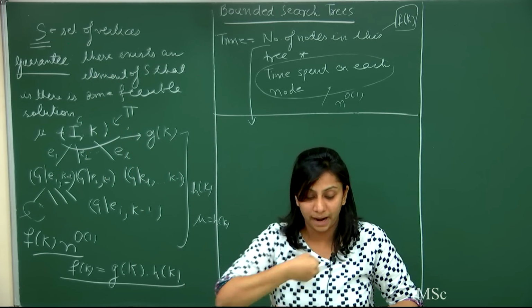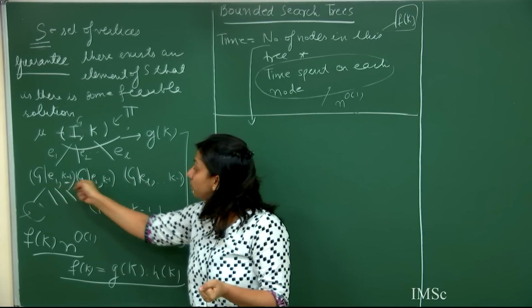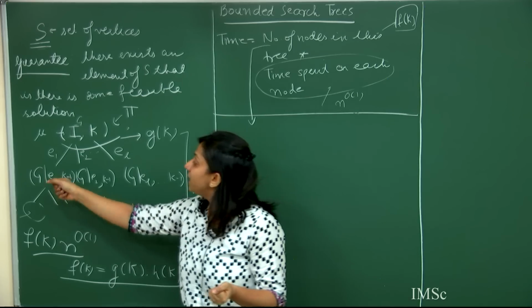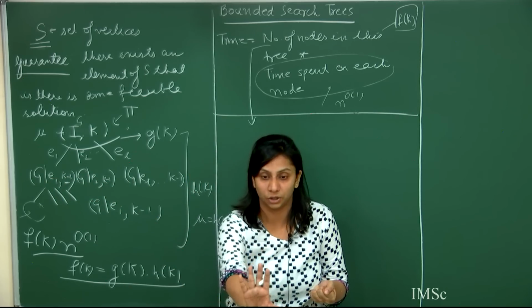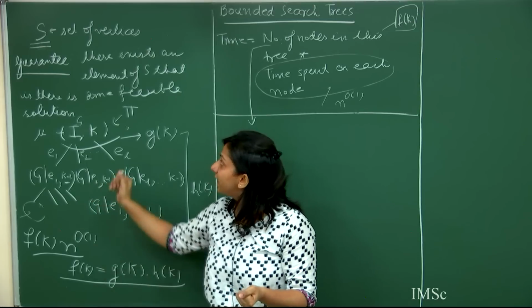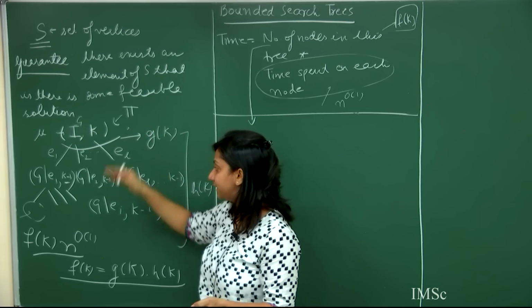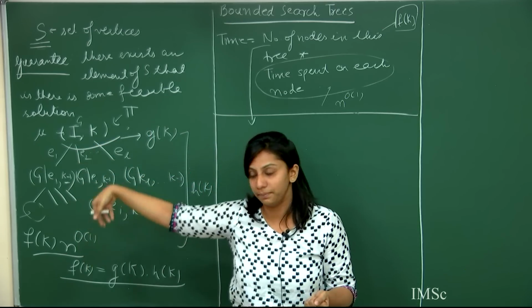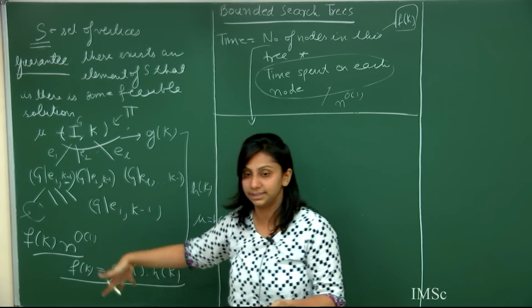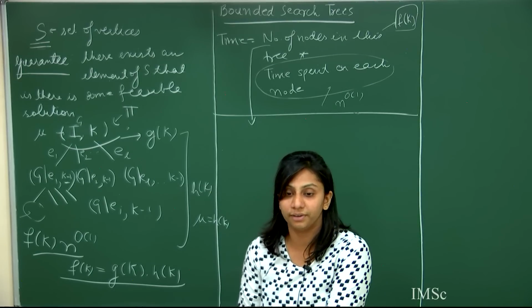I branch on the elements of S and I get these many instances. If any of the instances is a trivial instance, I stop, as in I don't branch further. But if it is not, then for this instance I again find a corresponding set S prime, and I branch on the elements of that S prime and get a lot of instances, and I go on doing so unless I'm left with trivial instances.